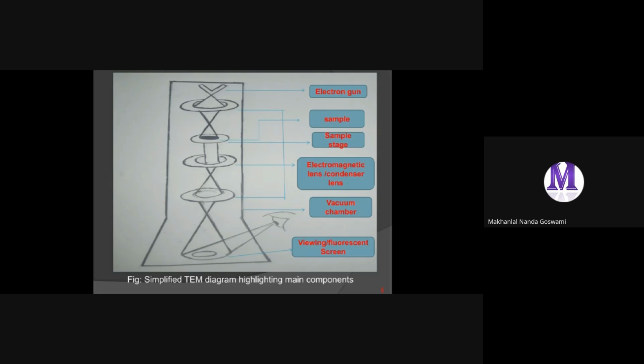TEM uses a screen at the base of the microscope column, which produces light when transmitted electrons strike it to form a 2D image of the sample. Then, a vacuum is maintained inside the electron column to prevent electron scattering by air molecules, ensuring beam coherence. This was the main components of the TEM.